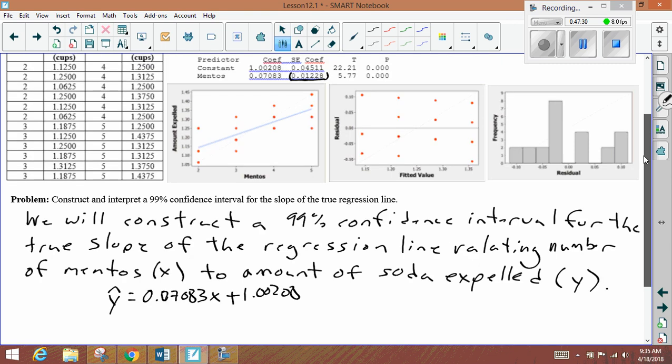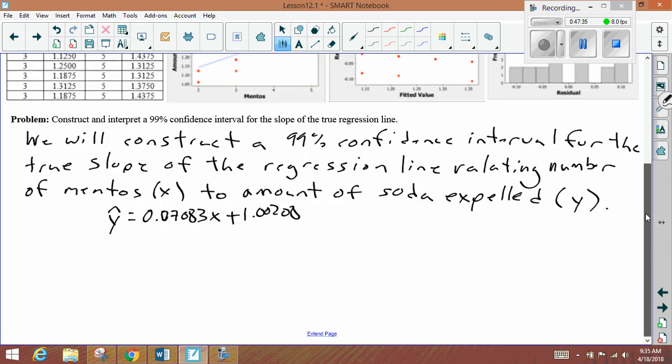So we need to go to our formula for that. So we will have our slope b plus or minus our t star value times our standard error b.